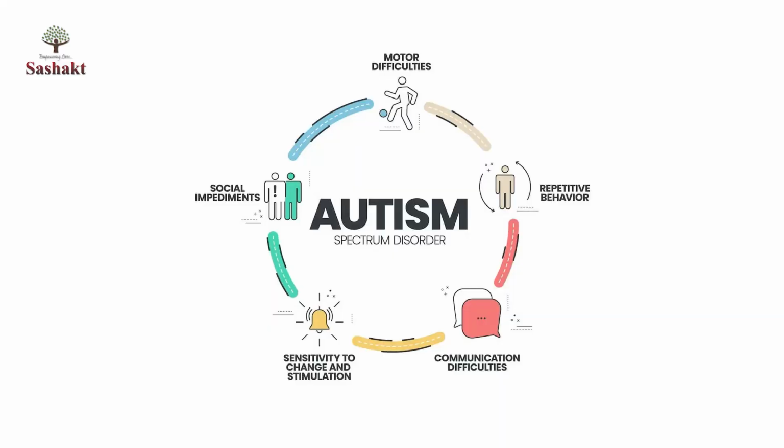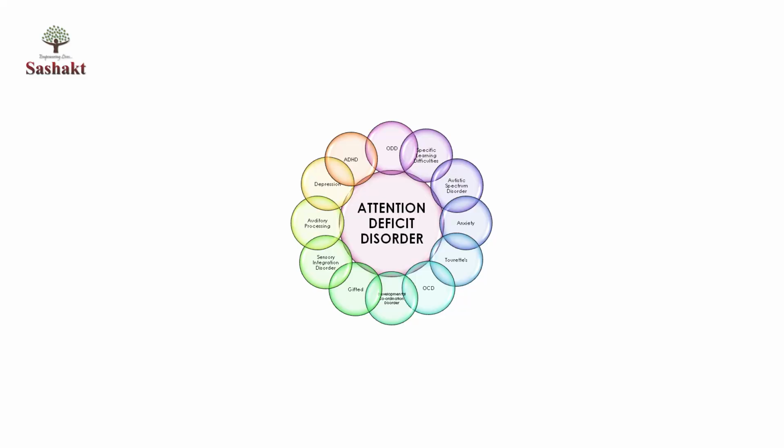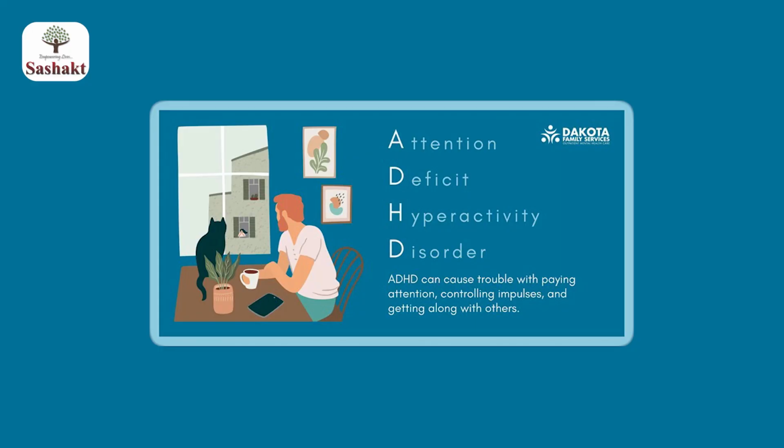Going forward, you have ASD. That's autism spectrum disorder. I don't like the word disorder, but yeah, autism spectrum. Going forward is ADD, attention deficit disorder. Then ADHD, attention deficit hyperactivity disorder.